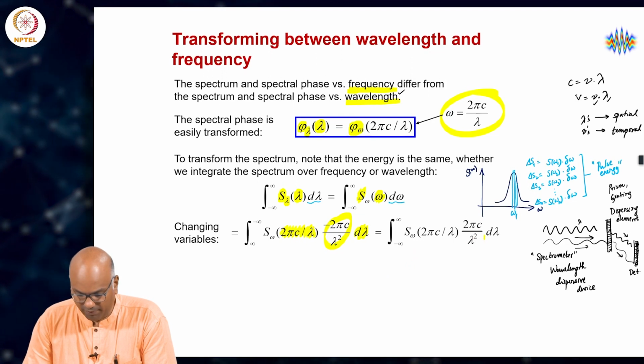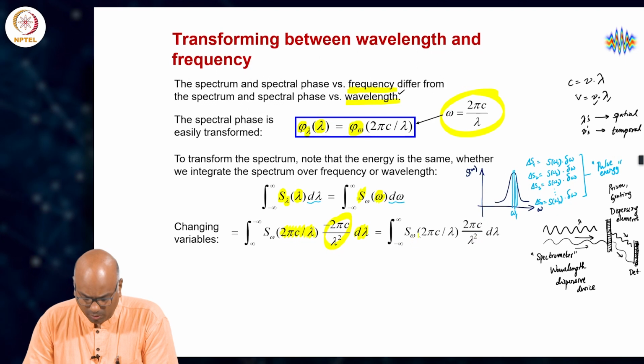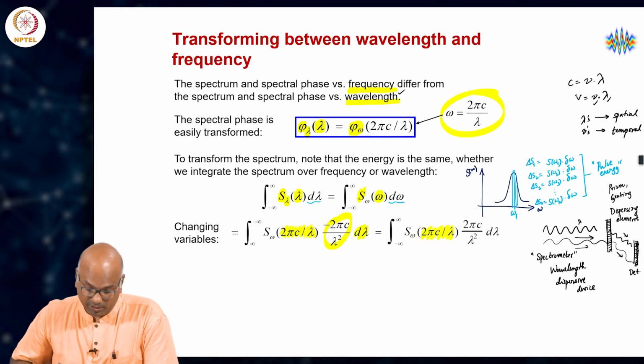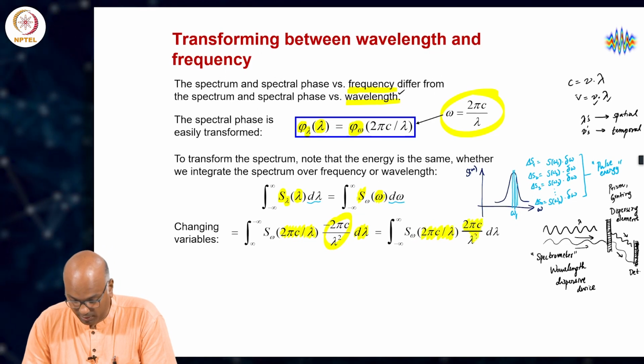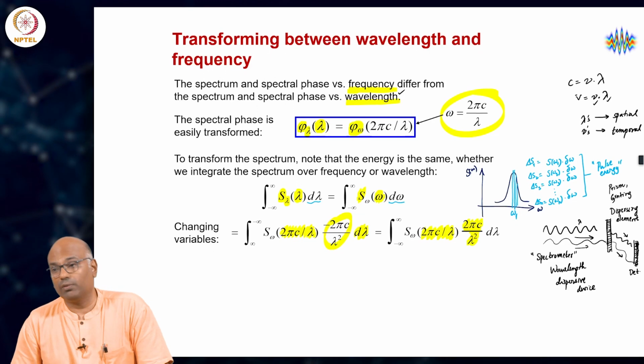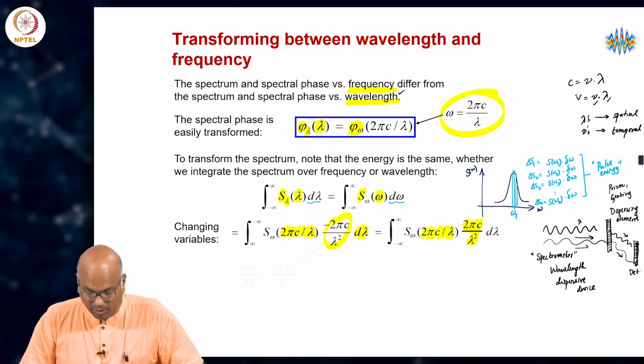And then you essentially have that this is now S of omega, which is a function of 2 pi c by lambda, multiplied by this factor 2 pi c by lambda square. Okay, this negative sign is a consequence of the math, but energy is a positive valued variable, right. So, keep track of that too.